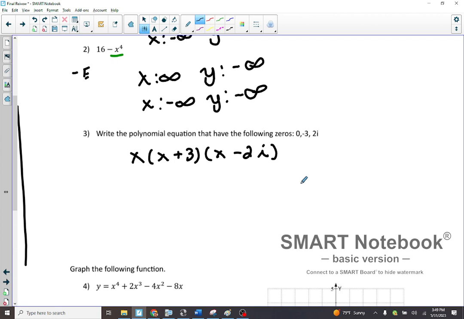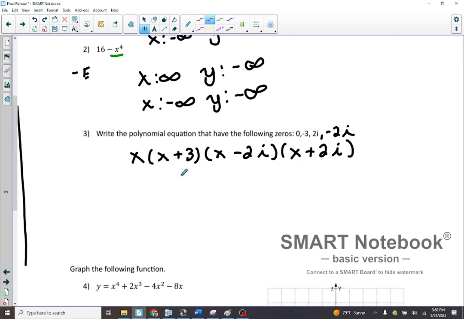Remember though, imaginaries always go with their conjugate. So if it has a negative 2i, you are forced to have a positive 2i, because every imaginary has its imaginary pairing, the conjugate of it.